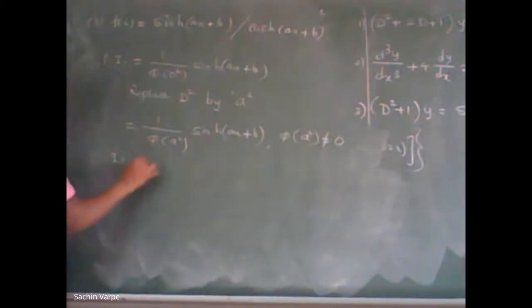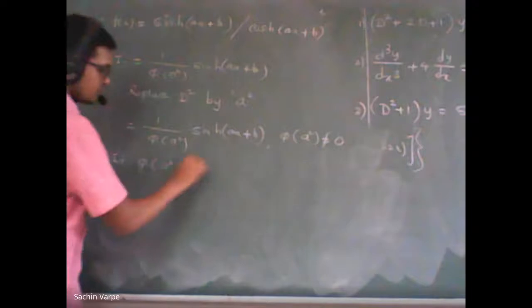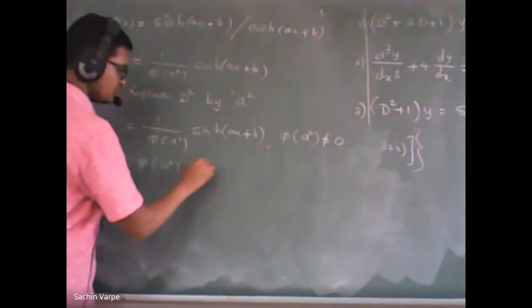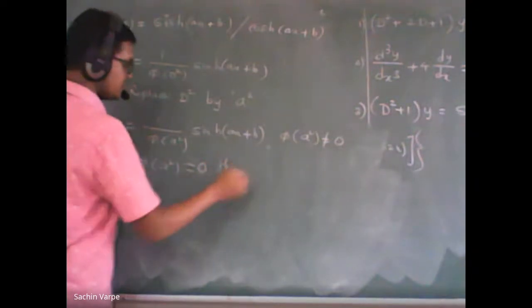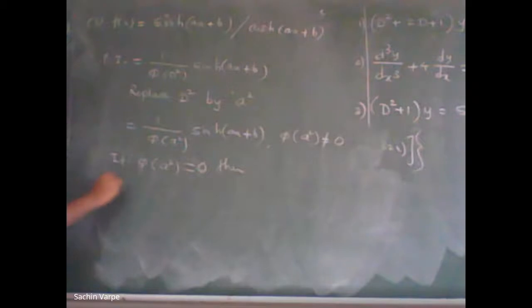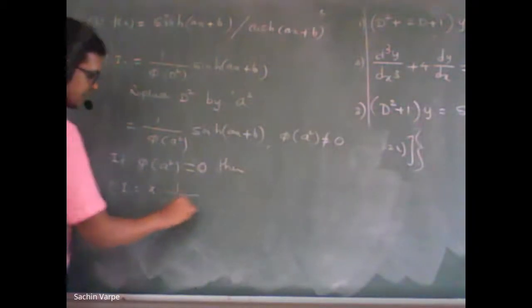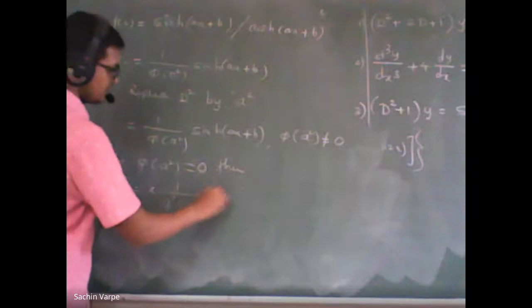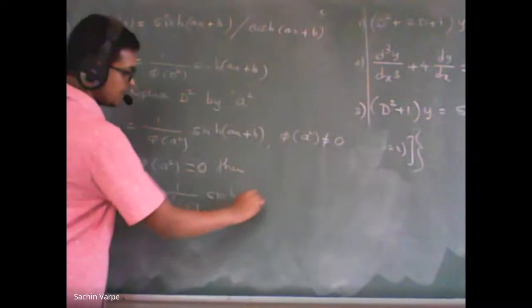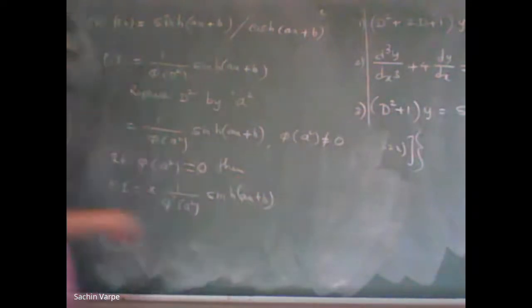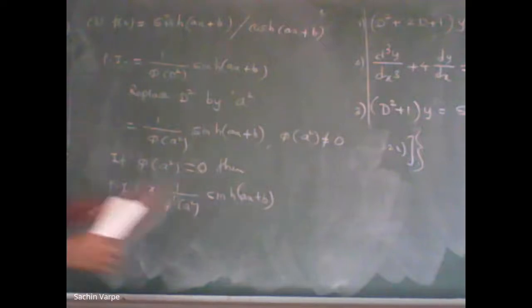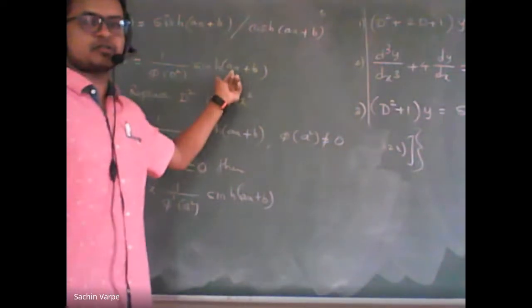If phi of a square is equal to 0, then that is the case of failure. In that case, we have P.I. equal to x into 1 upon phi dash at a square into hyperbolic sine of ax plus b, and so on. And the same thing we have to do for the hyperbolic cos function. Is it okay?